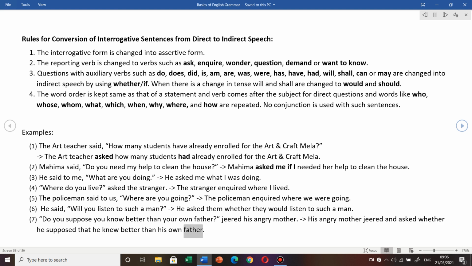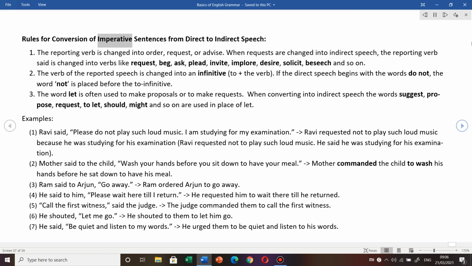Rules for conversion of imperative sentences from direct to indirect speech. The reporting verb is changed into order, request, or advise. When requests are changed into indirect speech, the reporting verb said is changed into verbs like request, beg, ask, plead, invite, implore, desire, solicit, beseech and so on.